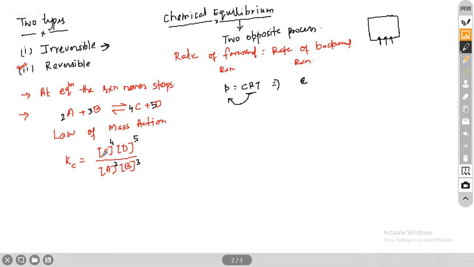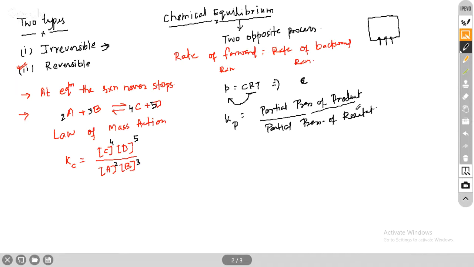So when we write the pressure, the equilibrium constant we call Kp. It is the partial pressure of product divided by the partial pressure of reactant. When you take pressure, this term becomes Kp. When you write concentration, this term becomes Kc.